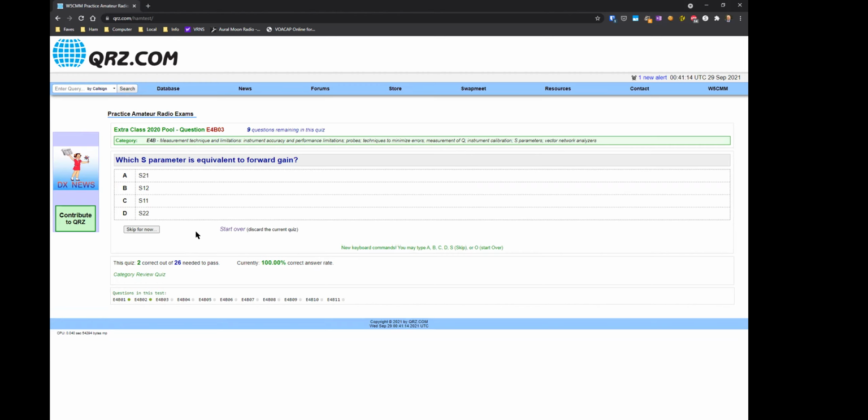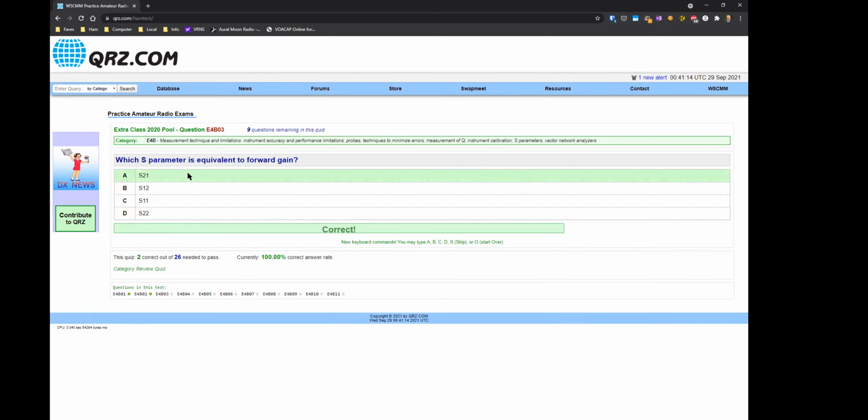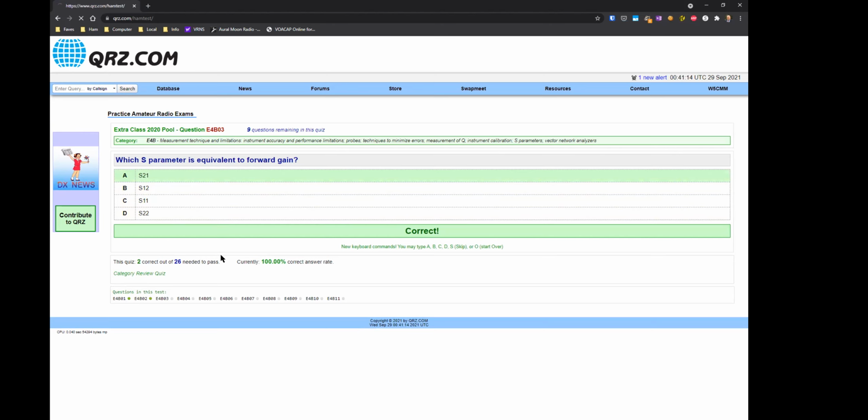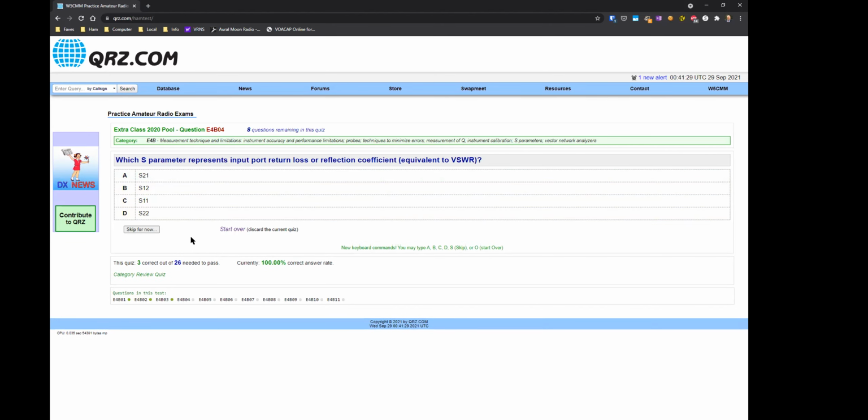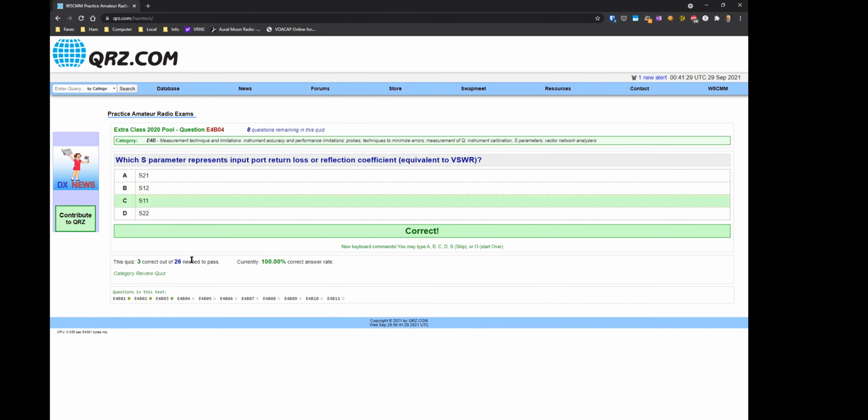A. Yeah, I believe it's S21. Which S parameter represents input port return loss or reflection coefficient? C. S11. Yeah.